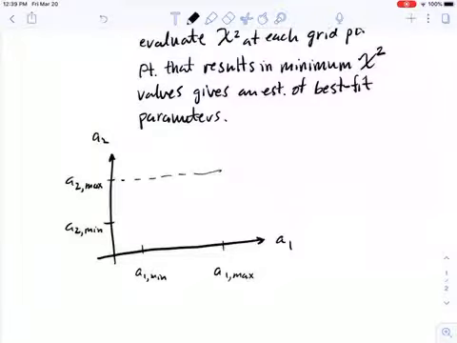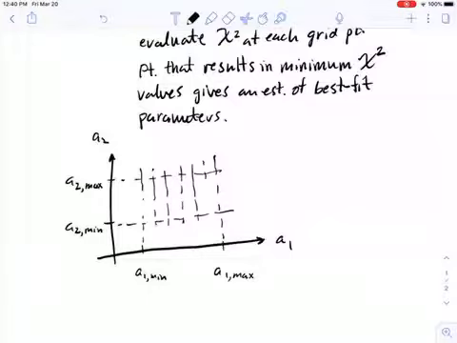And we set up the grid by selecting step sizes for each parameter. And so for A1, the spacing between these vertical lines is your delta A1 choice. And then we have a spacing between your A2 parameters, and that sets up your choice of delta A2.